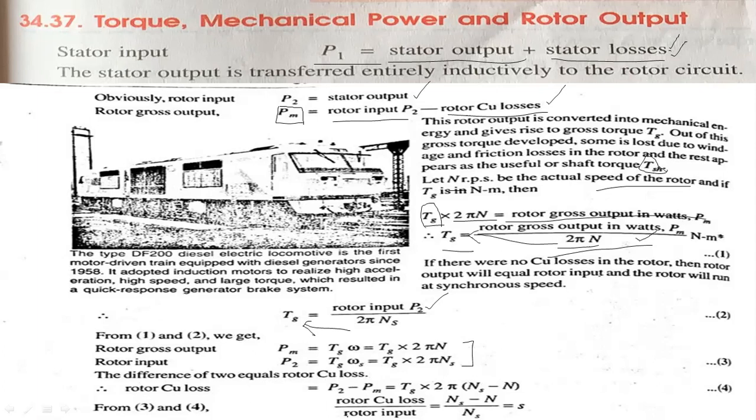So P2 minus Pm is equal to Tg into 2 pi (Ns minus N). So from equations 3 and 4, I can write rotor copper loss by rotor input is equal to (Ns minus N) by Ns. Tg into 2 pi Ns gets cancelled in both and only (Ns minus N) by Ns remains.